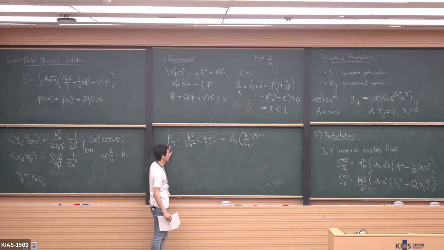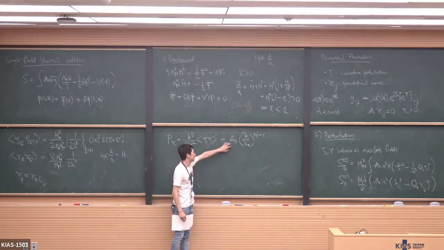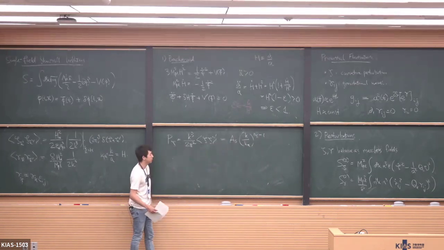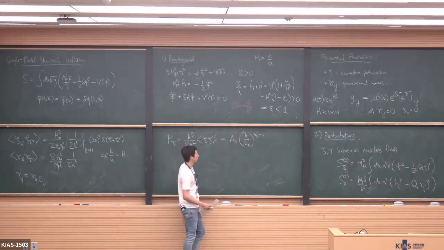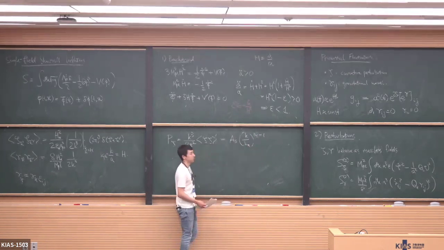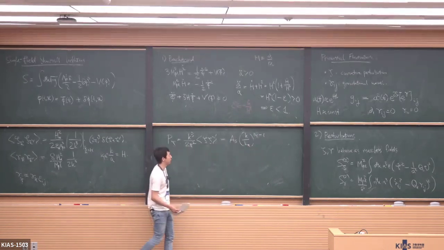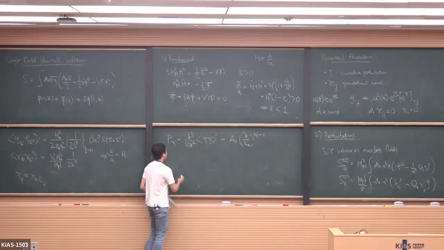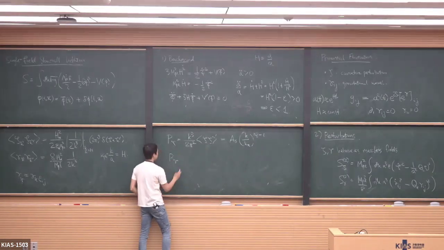This dimensionless power spectrum is going to be some amplitude called A_S times some small scale dependence away from some fixed length scale, and the exponent is defined to be n_s minus 1, where n_s minus 1 is close to 0.